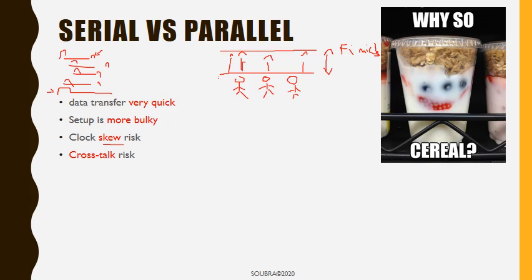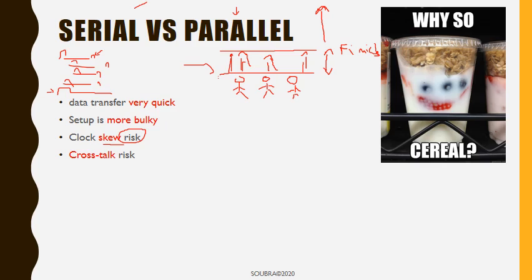However, the longer the distance is, the more we can perceive the effect of the propagation on the different things. Fair enough? And the fact that we're using different wires makes this risk extremely important in parallel communication.